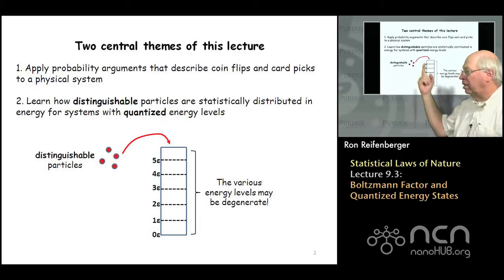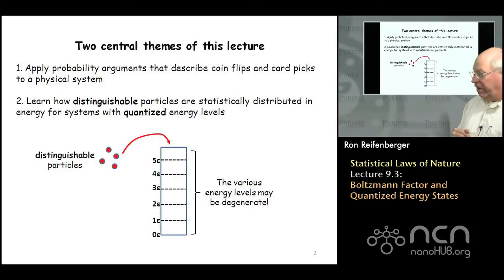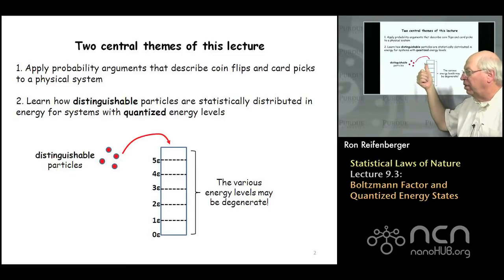So this is the quantized ladder of energy states that are available, and we're just going to ask how these particles are distributed in these energy states, and eventually we'll ask what's the temperature of this system, right? Because the temperature of this system is then going to determine how these particles are distributed, right?